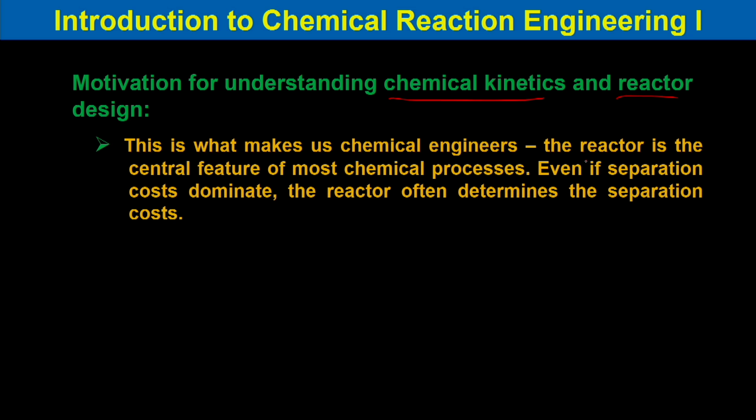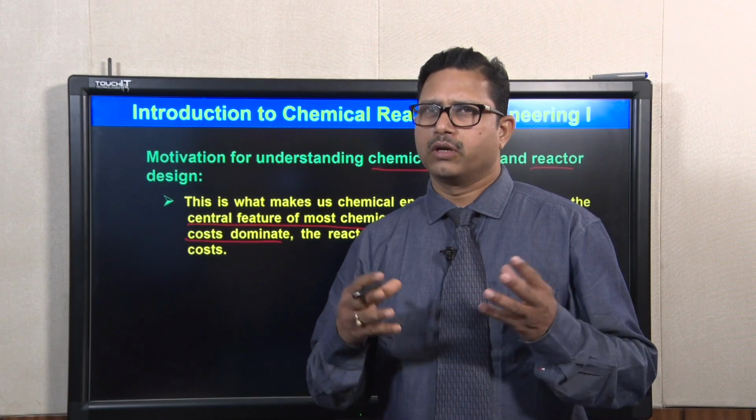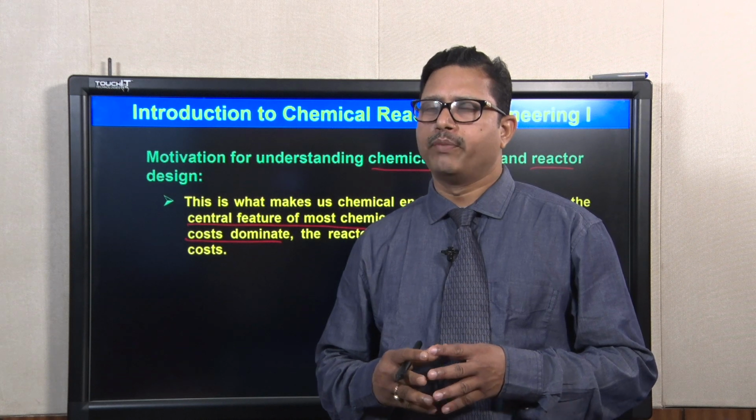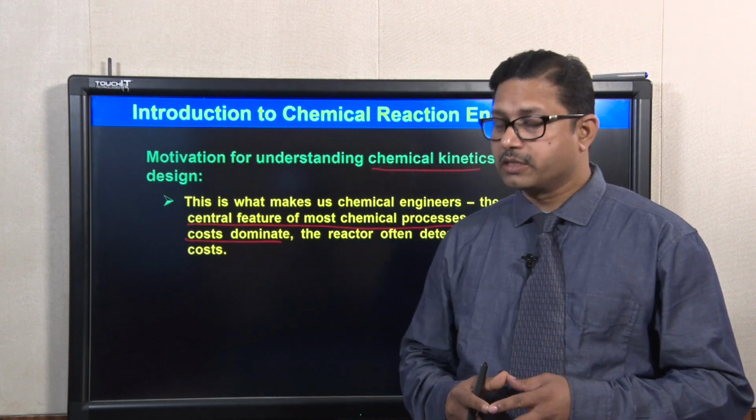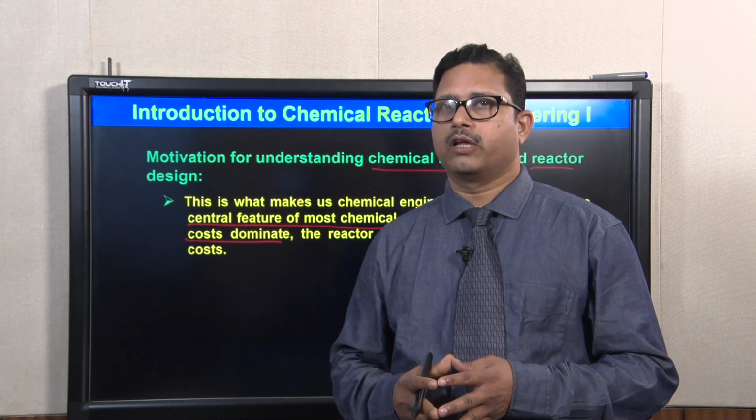As we know, the reactor is the central feature of most chemical processes, and even if the separation cost dominates, the reactor often determines the separation cost. If the reactor is efficient and produces products of high purity, then separation may not be required after the product is formed.